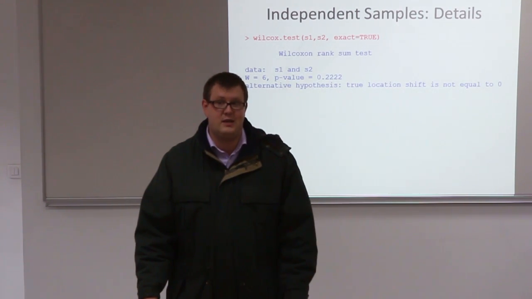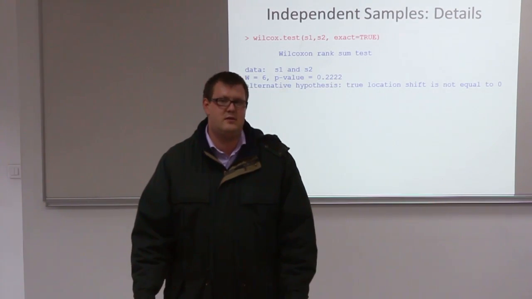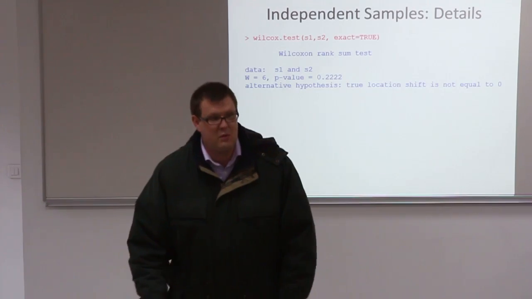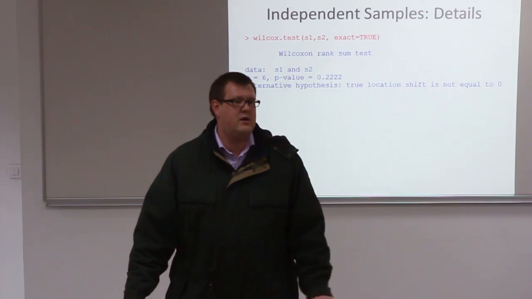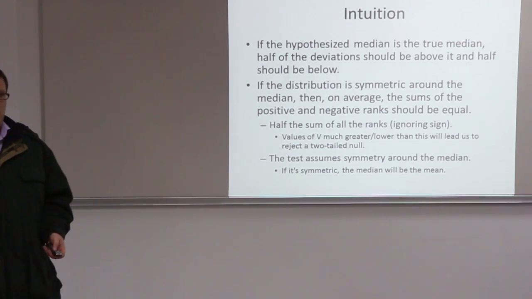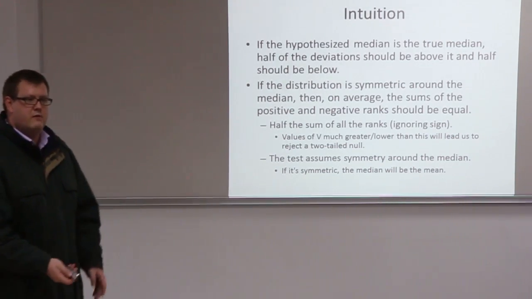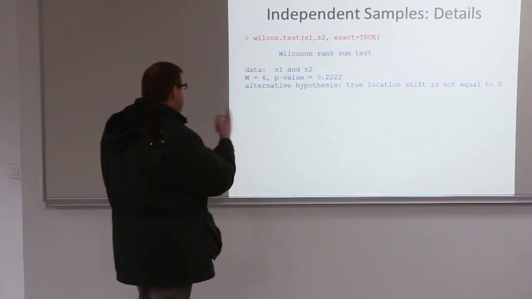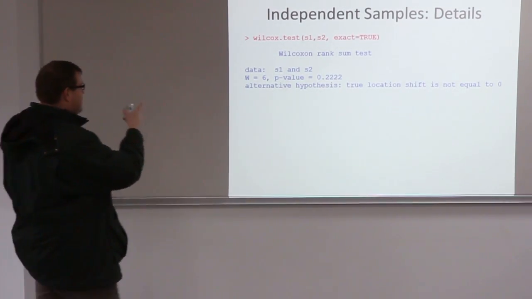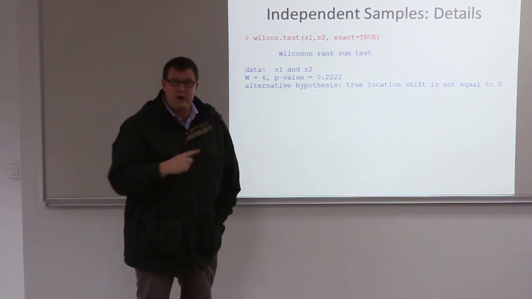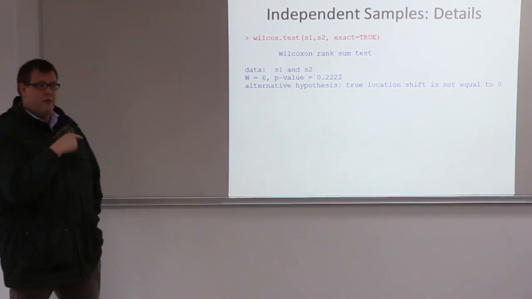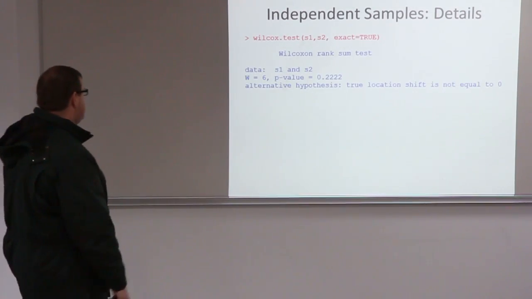We said one test was basically the same as the other, the one sample and the paired. So if we understand what's going on for this, we should hopefully have an idea about what's going on for the paired version as well. Okay, let's talk about when we have independent samples. So this was our test that we did: wilcox.test, S1, S2. We didn't say paired equals true, and not saying paired equals true, it's going to perform the independent version of the Wilcoxon test.